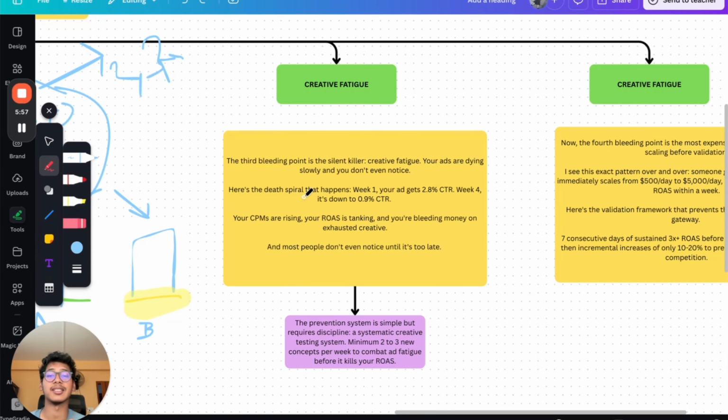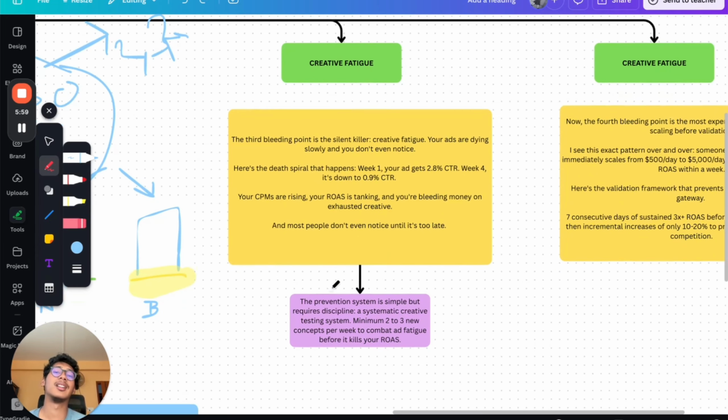Creative fatigue is a sign that the ad is getting shown more frequently to your audience, and it's getting annoying to your audience, right? Or maybe your audience just doesn't resonate with that ad anymore.